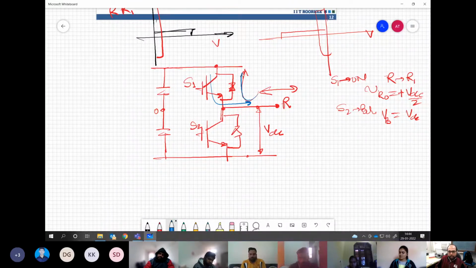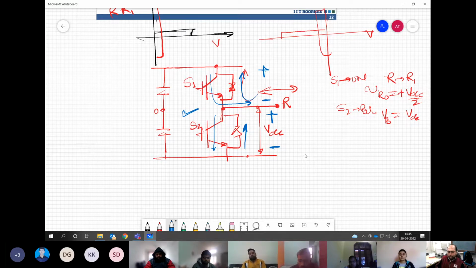Otherwise, the current can go like this. So irrespective of whether this is on or off, we can have current flow in both the directions. And similar thing is true for the bottom switch as well. This can also provide current in this direction or in this direction, and blocking in this polarity. Here the blocking is this polarity. Understanding my point?